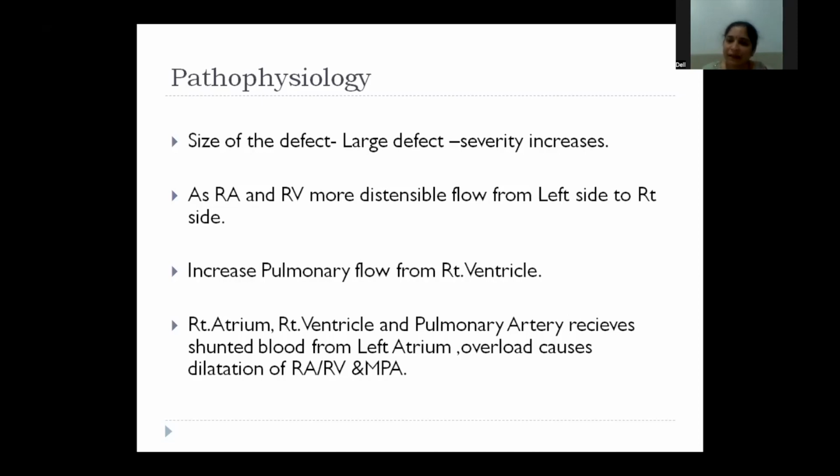The right atrium and right ventricle are more distensible chambers, so they accommodate the large flow easily, and this large flow goes to the pulmonary circulation through the pulmonary artery. So in this condition there is increased pulmonary blood flow, and consequently there is RA-RV dilatation and pulmonary artery dilatation.